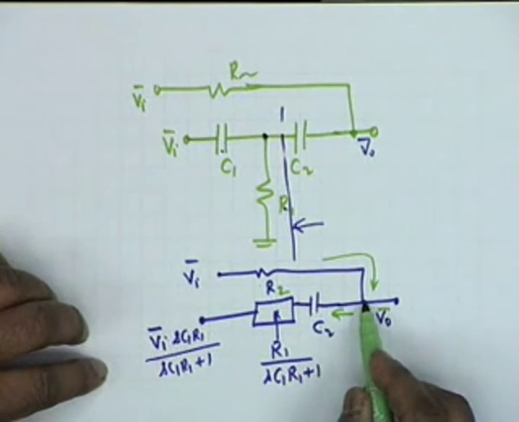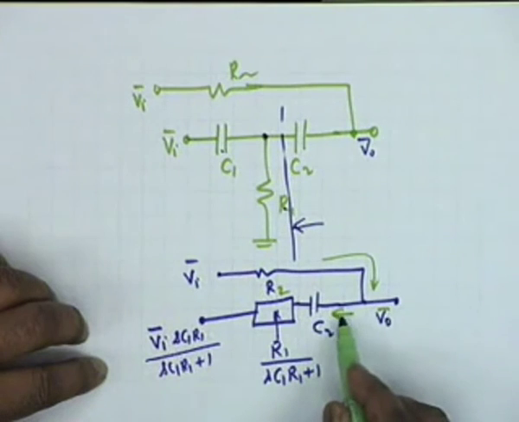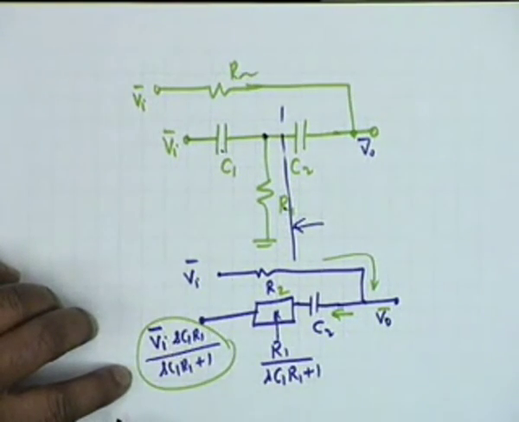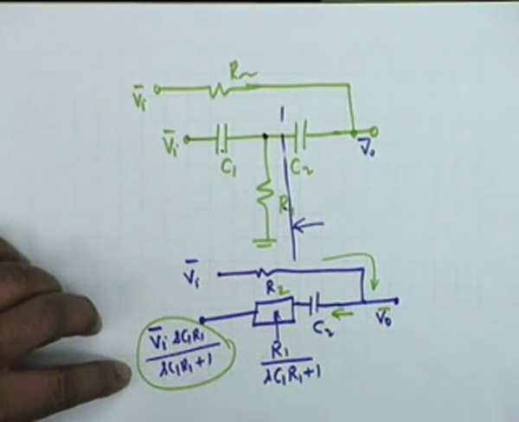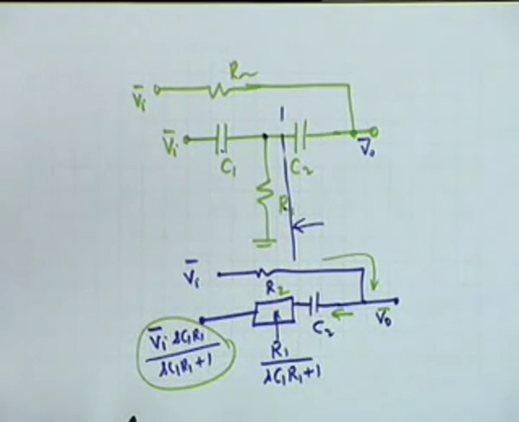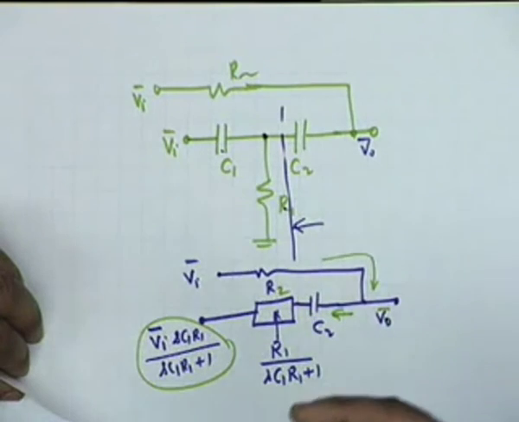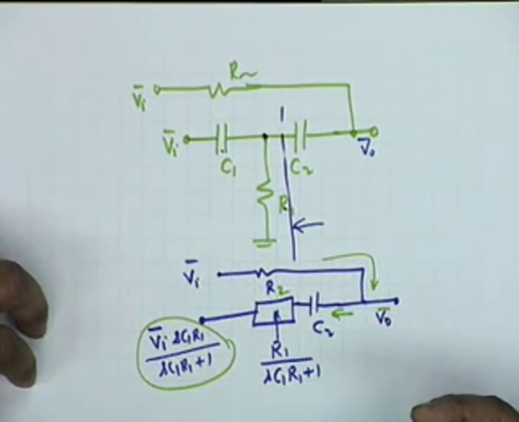KCL at this node, the current that comes must leave, and therefore this current is V0 minus this voltage divided by this total impedance. Alright, just one equation. The other you didn't have to write an equation, it's by inspection, and therefore just one equation, and you solve for V0 or V0 over Vi, which is the transfer function.